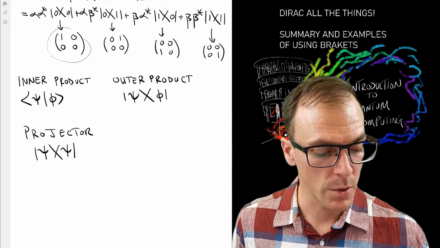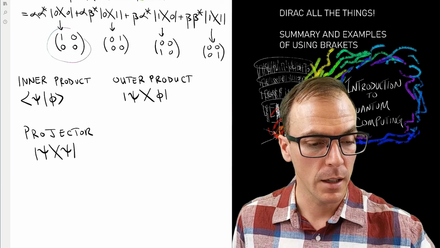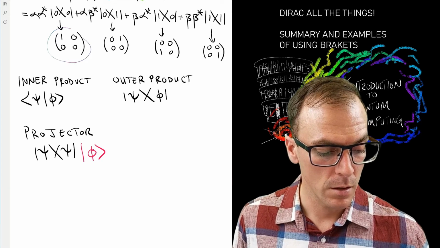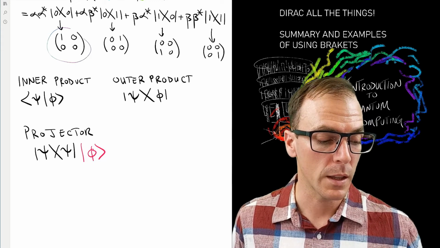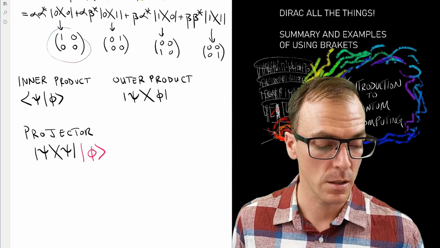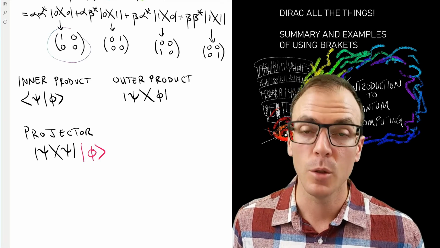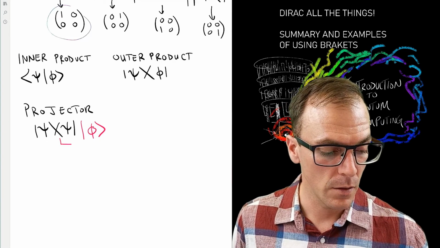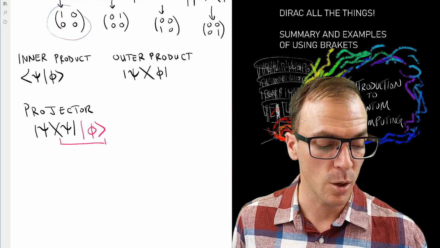And the reason it's called the projector is if I apply this to some vector. So remember that this outer product is a 2x2 matrix, so then I can multiply that by a 2x1 column vector, so a ket, and that combines to produce the inner product between psi and phi.